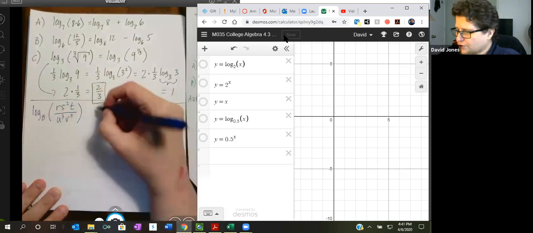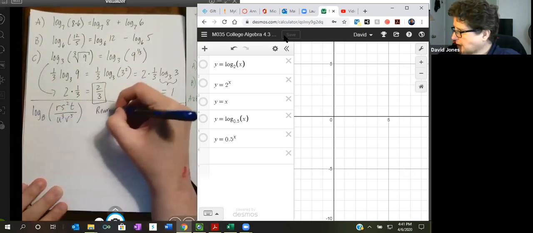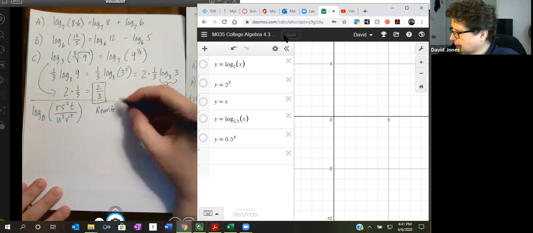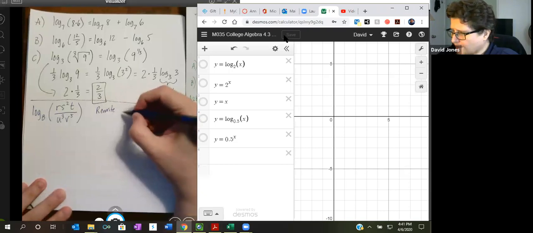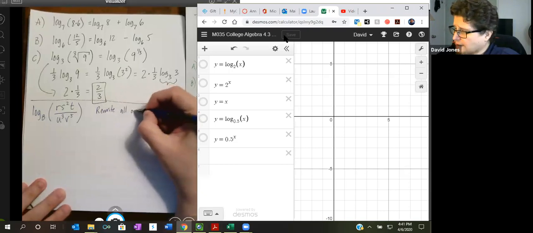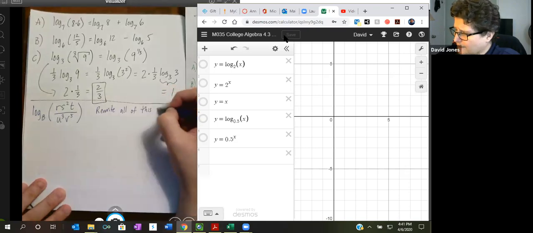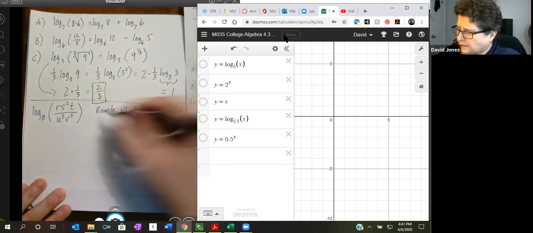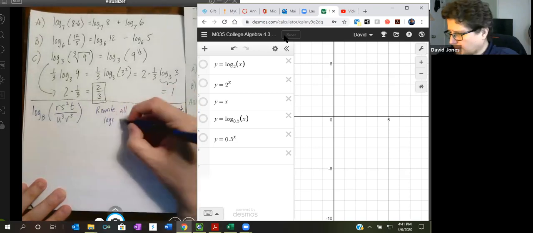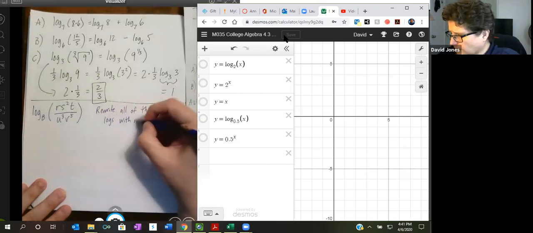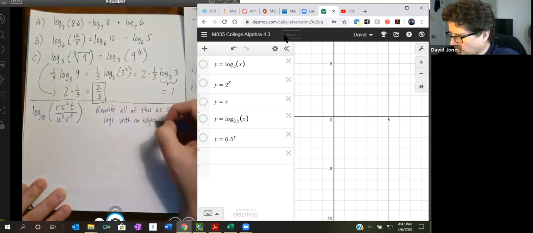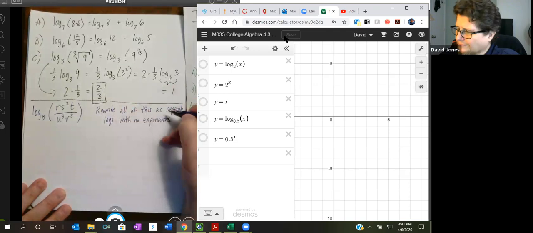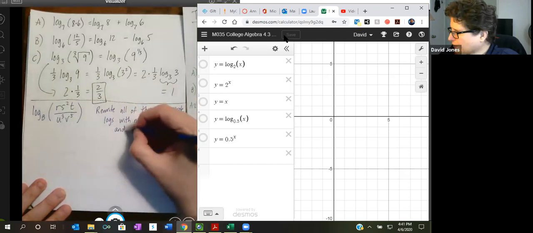And I want you to rewrite all of this as separate logs with no exponents and no fractions.